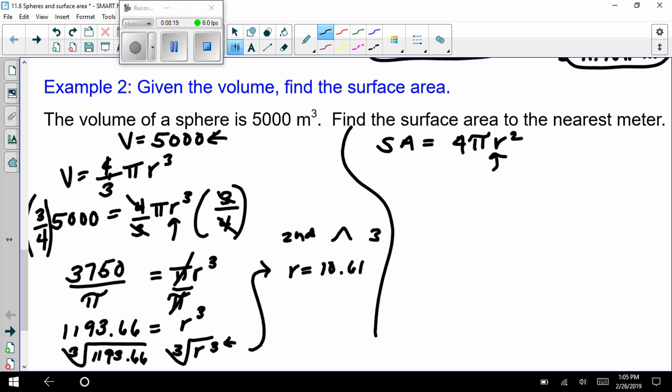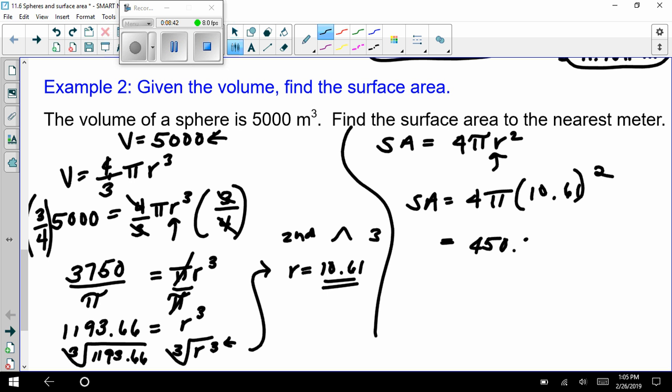All right, I had to do all of that so I could plug it into this formula. Okay, so now I'm going to find the surface area is equal to 4 times pi times my radius, which I know, 10.61, and I'm going to square that. All right, so if I keep pi in my answer, it's going to be 450.29 pi.